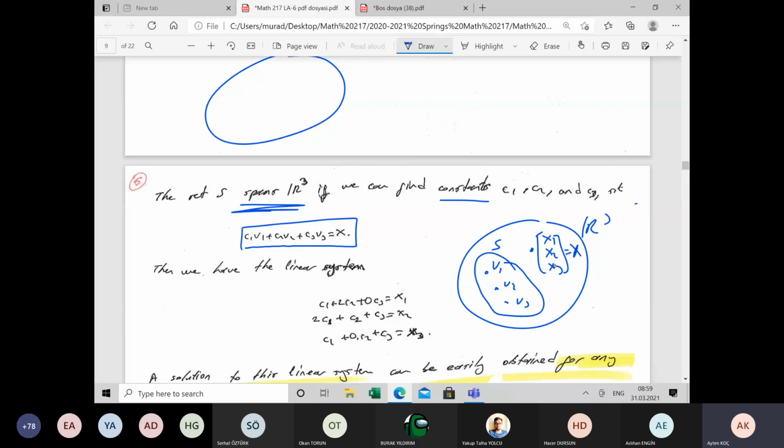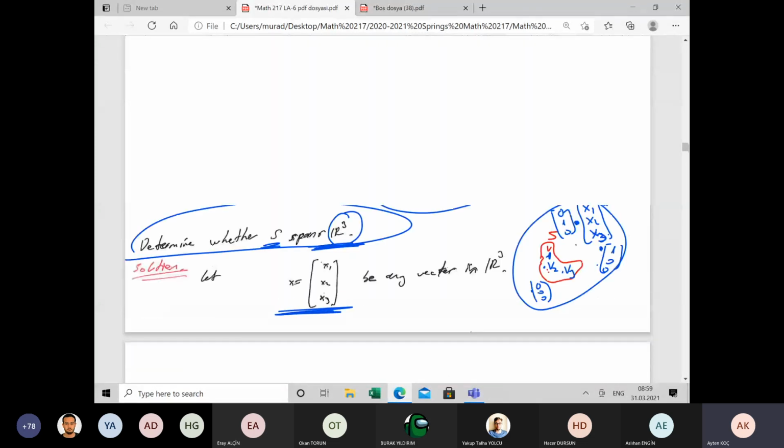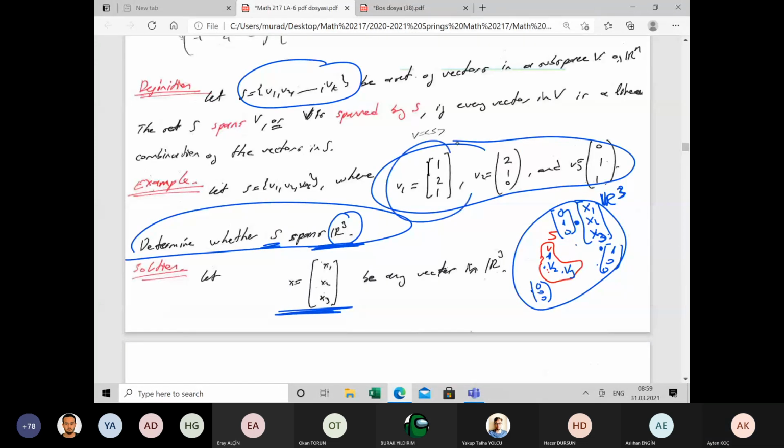Let's come back here. V1, this one, V2, V3: C1 V1, C2 V2, C3 V3, and right here, plus C2 V2, which is 2 1 0, plus C3 times 0 1 1, should be X.